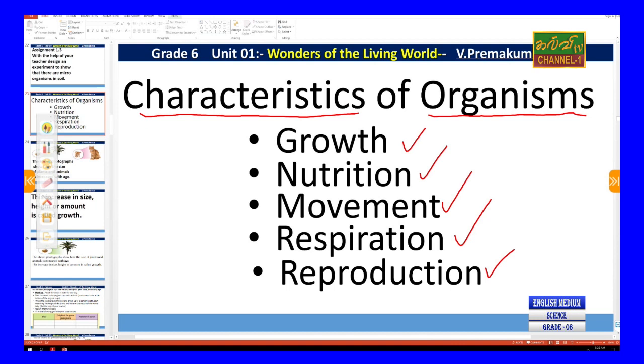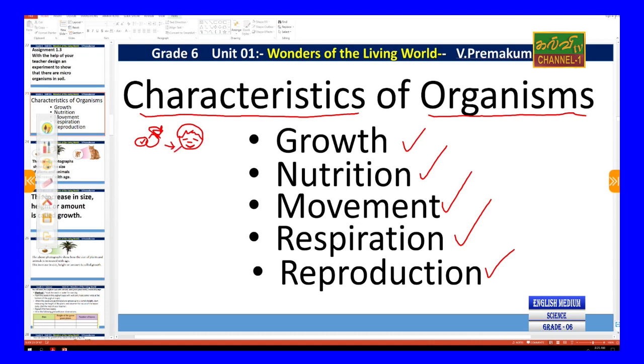For example, if you consider a human, a small baby will develop and grow bigger. We already studied this in the last class.